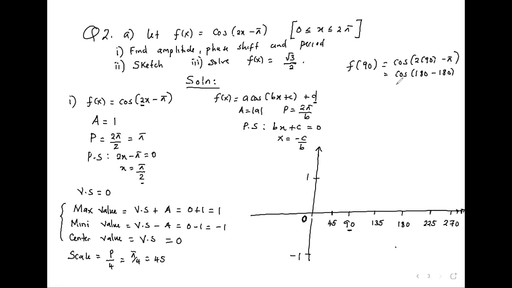So we get cos 0. So you're not given the scale, the scale you find for yourself. If you're not given the interval, you sketch from the first shift to a single period, then you're done. Okay, so cos 0 is 1. So 90 is giving us 1.